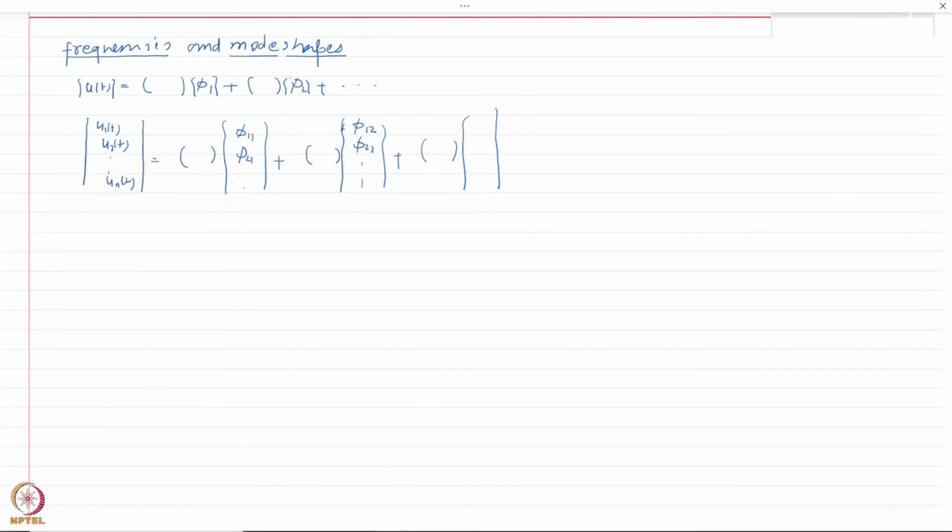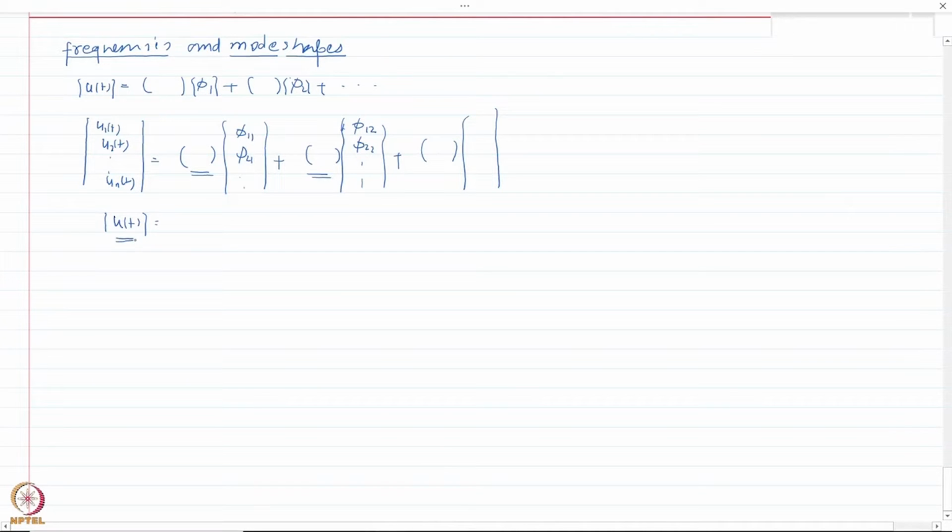Now, we already know the frequency, we already know the mode shape. So the problem statement here is, given the vector u, is it possible to find out the factors that need to be multiplied to these mode shapes so that we can get the modal decomposition, or modal expansion, as we call it, of this displacement vector?